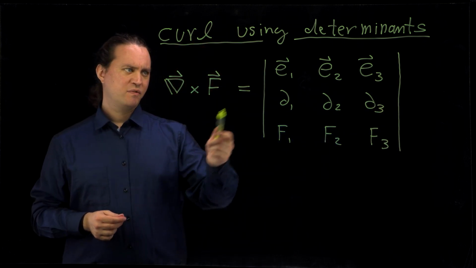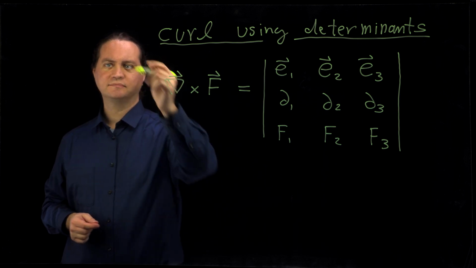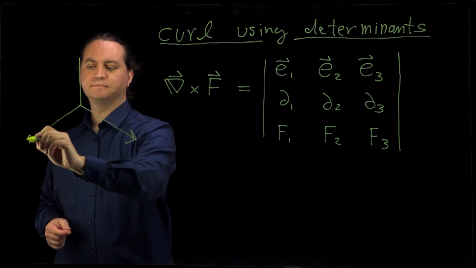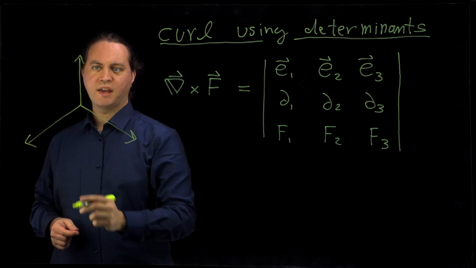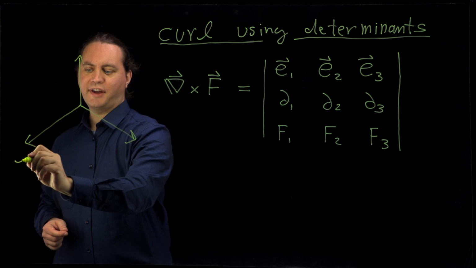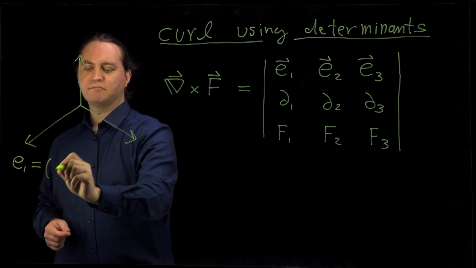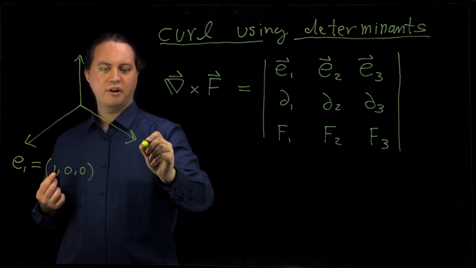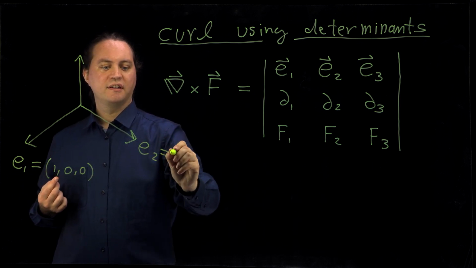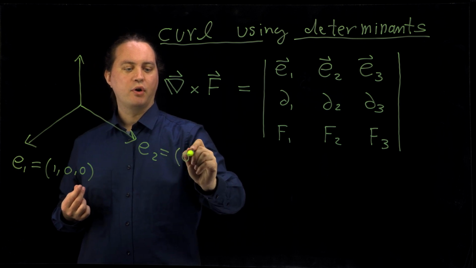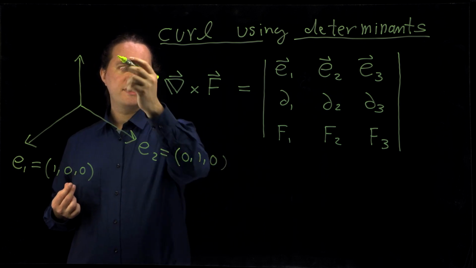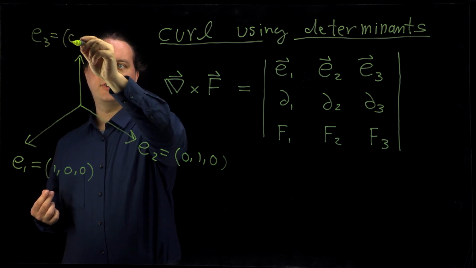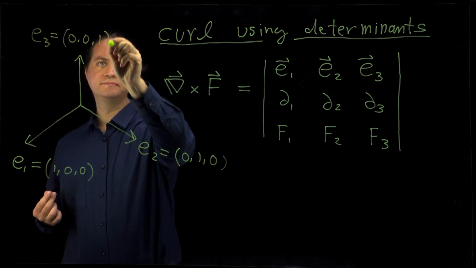As a brief reminder, what are the unit vectors here? Well, we can draw our 3D coordinate system. Then the first coordinate vector is E1 with entries 1, 0, 0. The second coordinate vector is just E2 with entries 0, 1, 0. And then E3 is the vector containing 0, 0, 1.